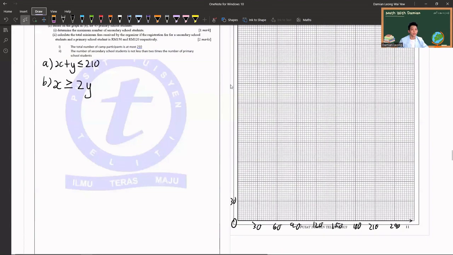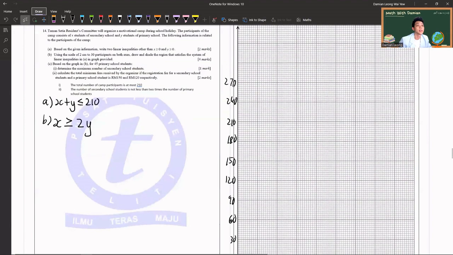Then same goes for the vertical axis. 30, 60, 90, 120, 150, 180, 210, 240, 270. Let's say I go up to 300 first.